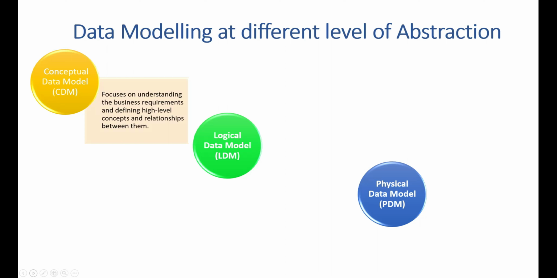The conceptual model focuses on understanding the business requirement and defining high level concepts and relationships between them. Here it is more about converting the business requirements into a document which the business stakeholders understand.